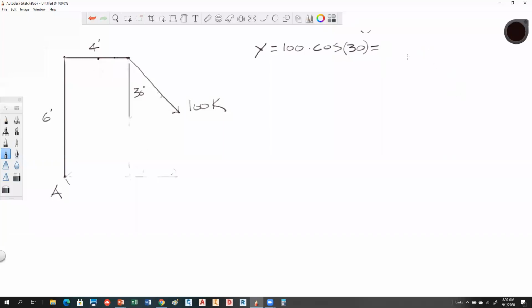Okay, so that gives me 86.6, and that would be in terms of kips. So the x component in this case is going to be a sine relationship because it's actually coming over here.